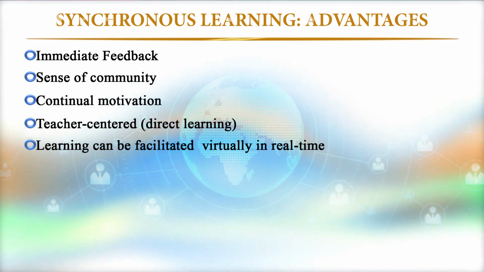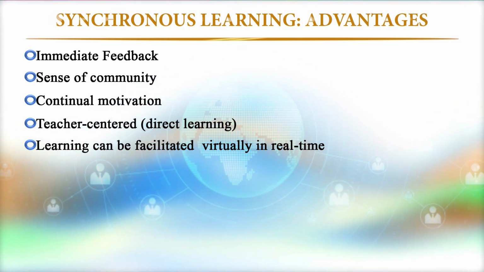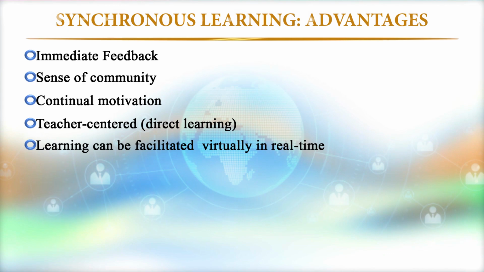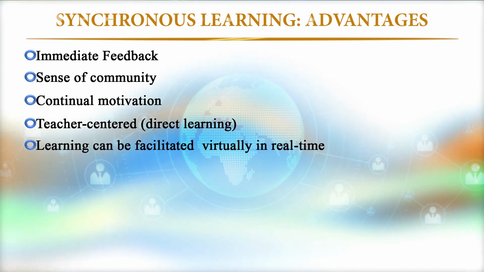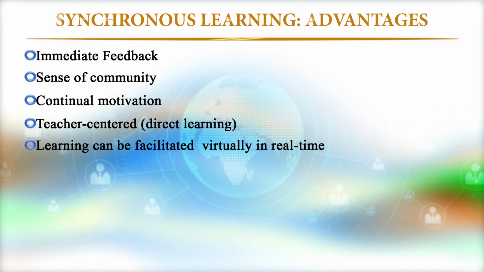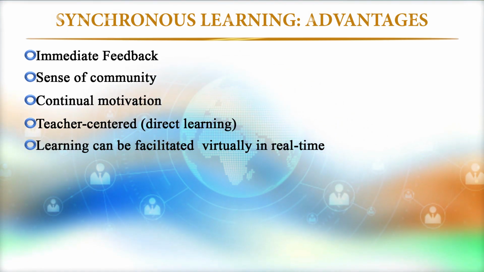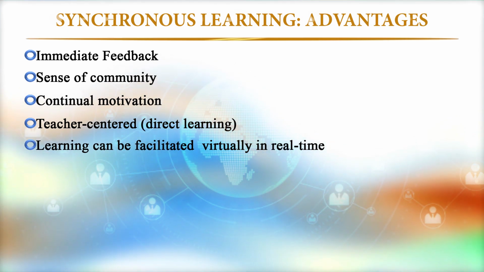So the learning happens in real time, and the student can interact with their peer group as well as the instructor, and it should be a real time which is suitable to all the students and the instructor.